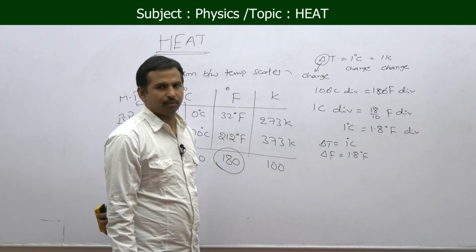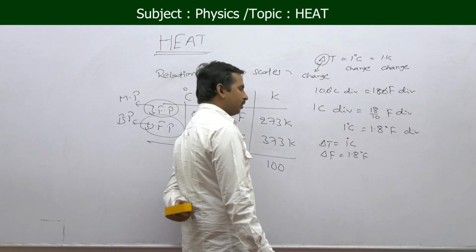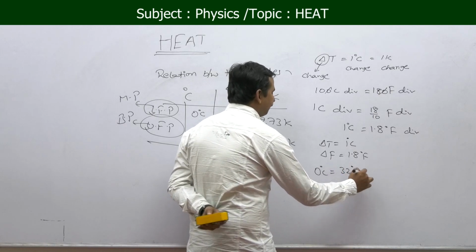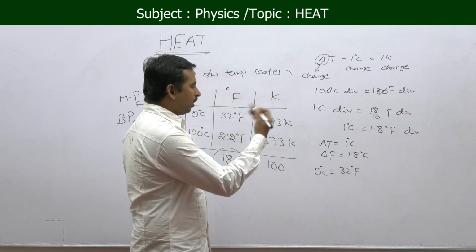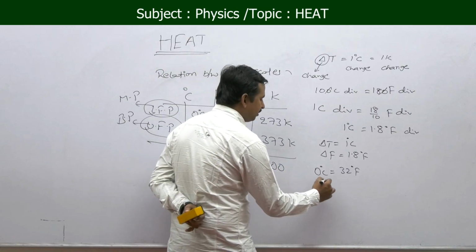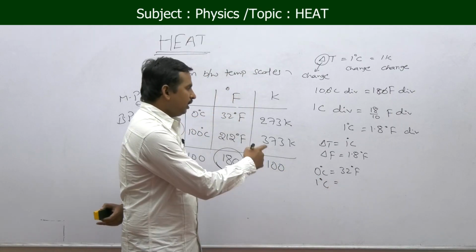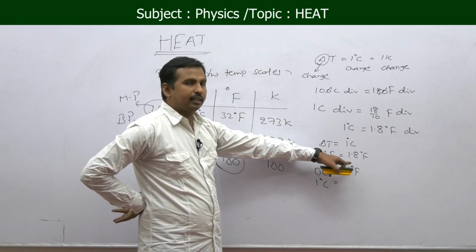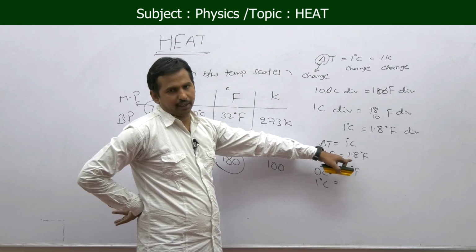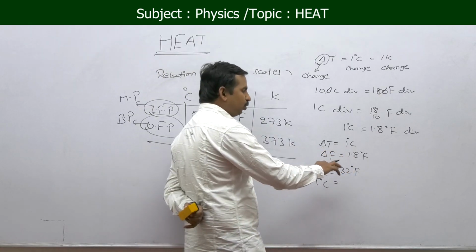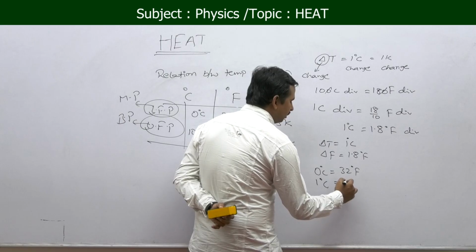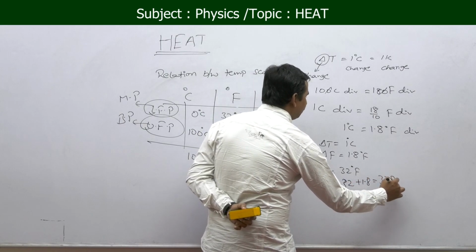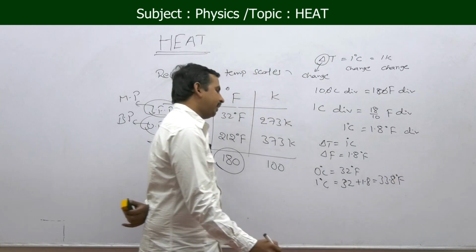For example, 0 degree Celsius is equal to 32 degree Fahrenheit, then raising by 1 degree Celsius, on the Fahrenheit scale the increment is 1.8 degree Fahrenheit, which means 32 plus 1.8 becomes 33.8 degree Fahrenheit.